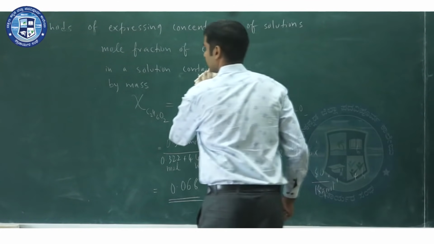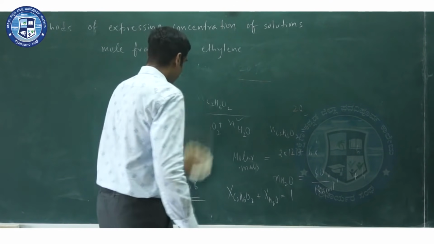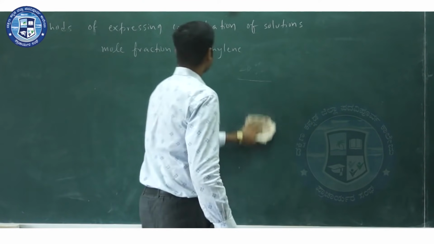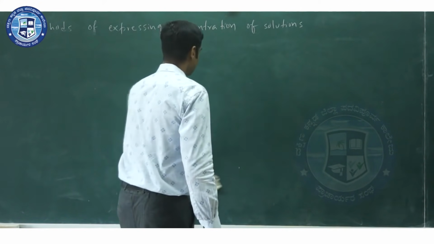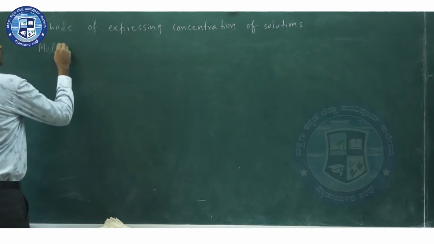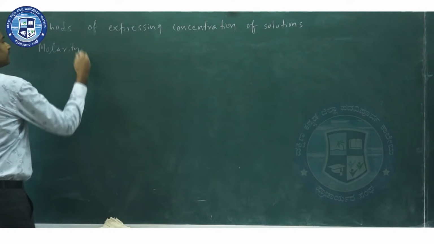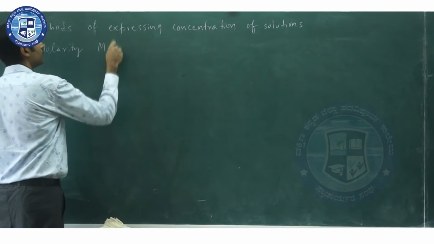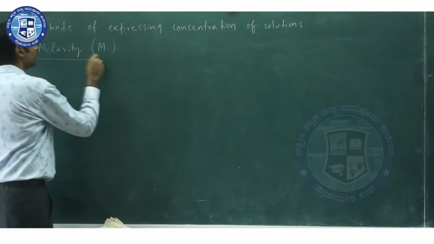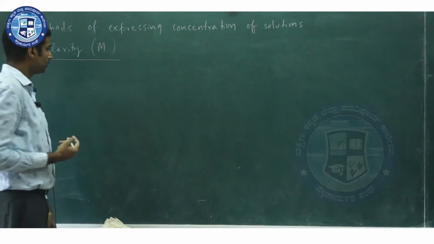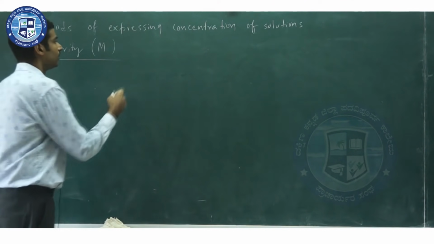Let us now take up the next method of expressing concentration of a solution, which is molarity. Capital M is the symbol that is made use of. Let us first define molarity.